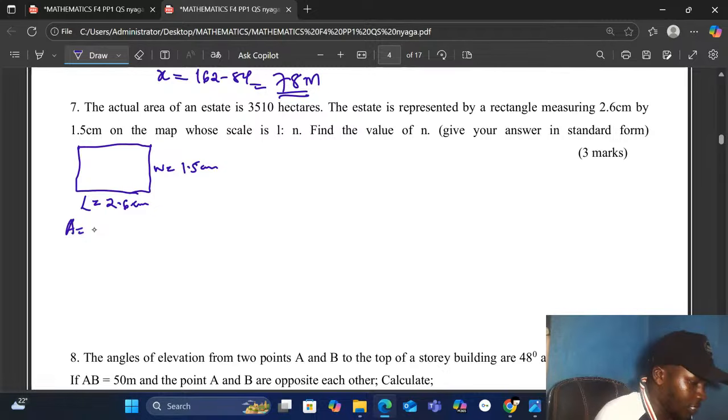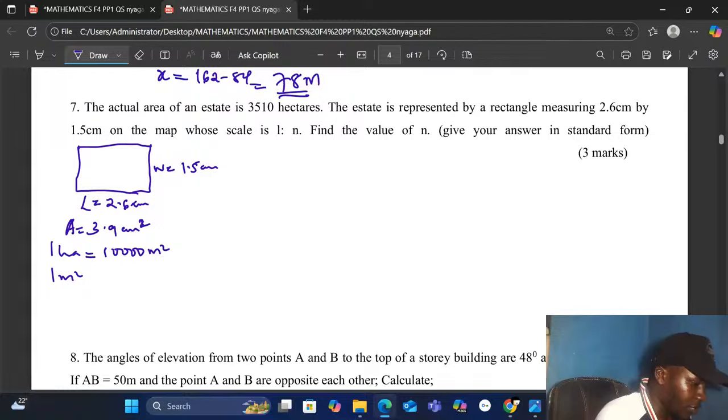And we know that 1 hectare is equal to 10,000 square meters.